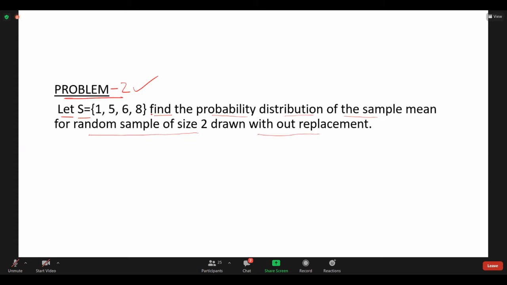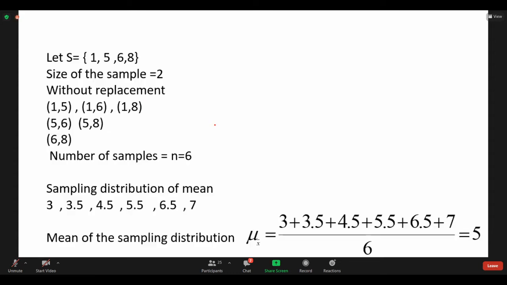Here they're asking the mean of the sampling distribution of means, without replacement, with sample size 2. All of you see that solution. Once all of you try to find that one. This is the population. S is the population.